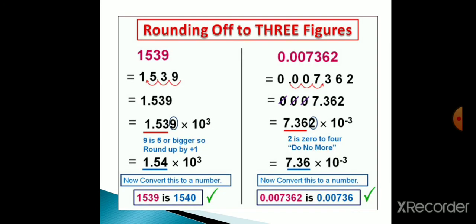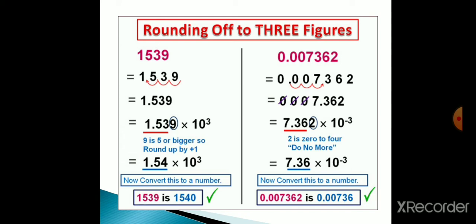In order to clear the confusions in rounding off, initially we must convert the number into its scientific notation and then round it off to the required number of significant figures. For example, the number 1539, when expressed in scientific notation, becomes 1.539 times 10 raised to 3.